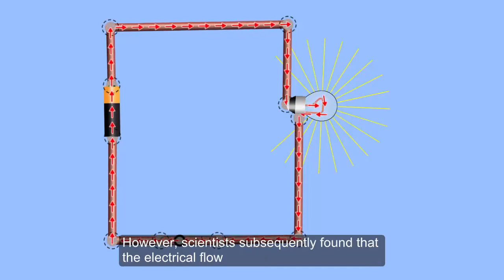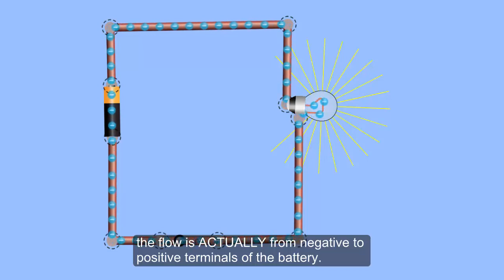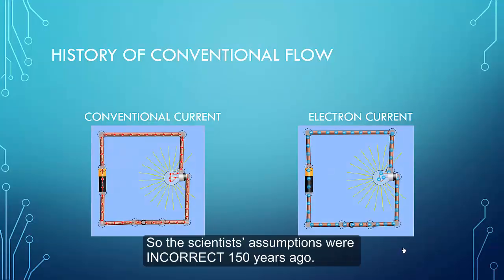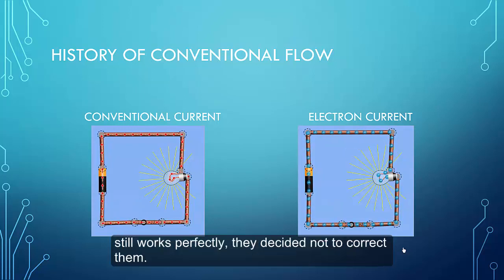However, scientists subsequently found out the electrical flow is actually negative charge and the flow is actually from negative to positive terminals of the battery. So the scientists' assumption was incorrect 150 years ago. However, all the previous theories established based on the wrong assumptions still work perfectly.